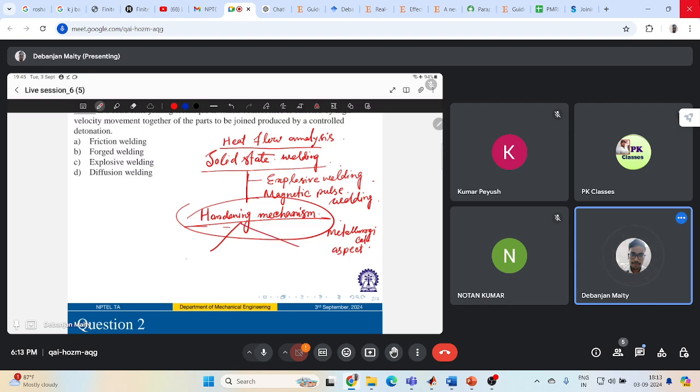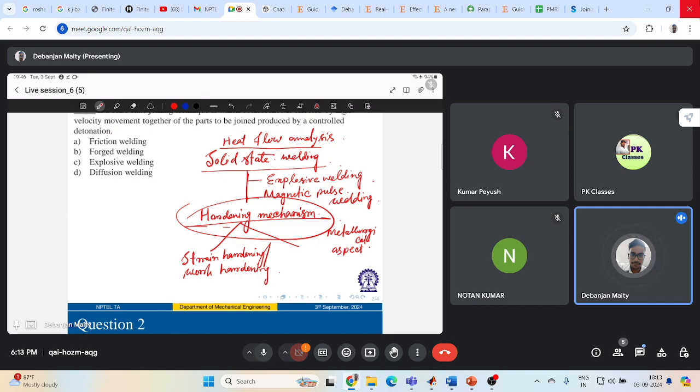One is, I am sure that at least strain hardening you must have heard of, strain hardening or work hardening. These hardening mechanisms will be there for the heat affected zone, right?